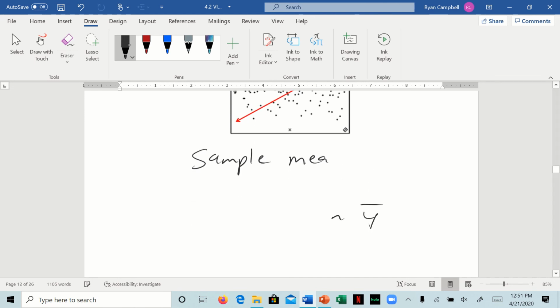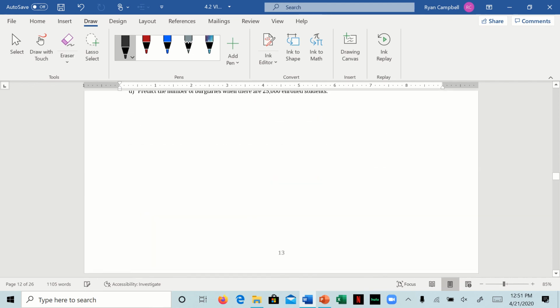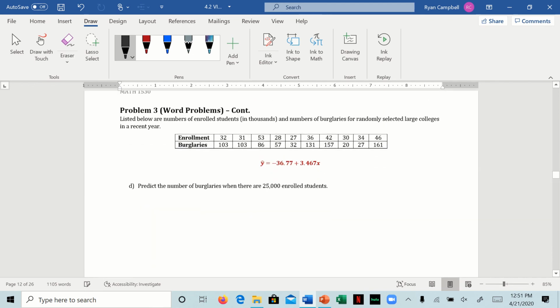Okay, so let's go back to problem number 3, excuse me. Part D. This is what we determined was our linear regression. Predict the number of burglaries where 25,000 students are enrolled. So we're just going to plug this into our x value, right?